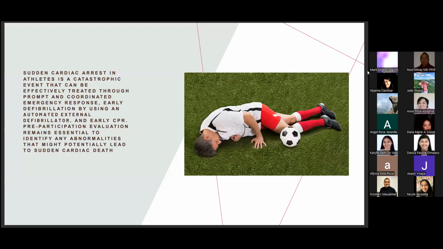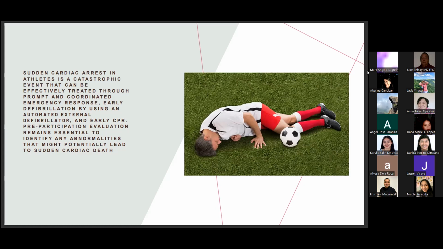In this picture, nagkaroon siya ng sudden cardiac arrest na cause ng kanyang pagkabagsak.